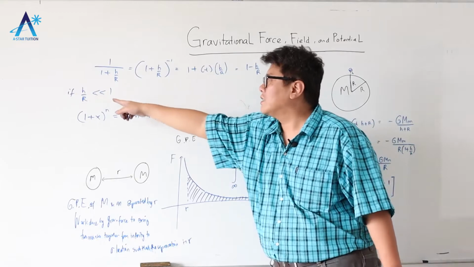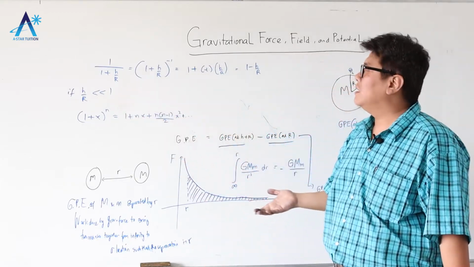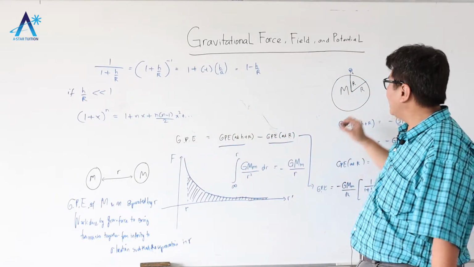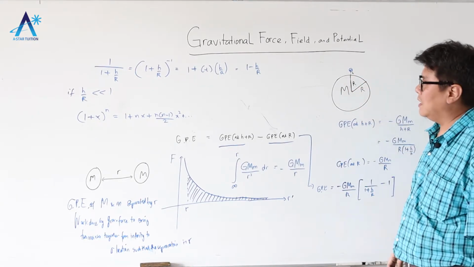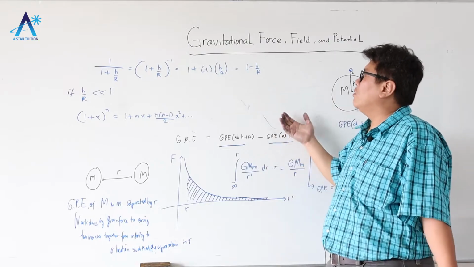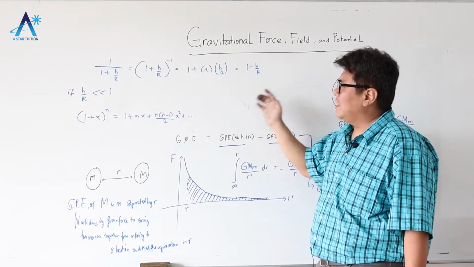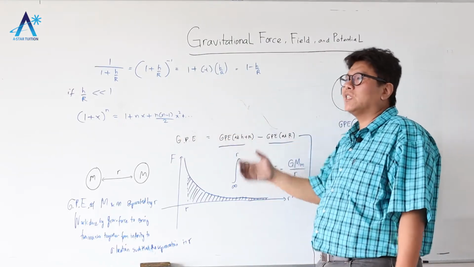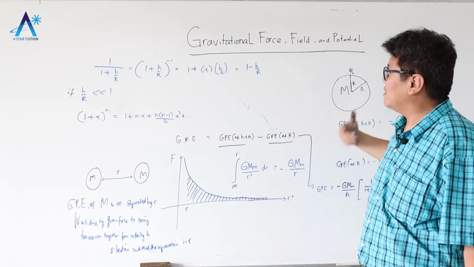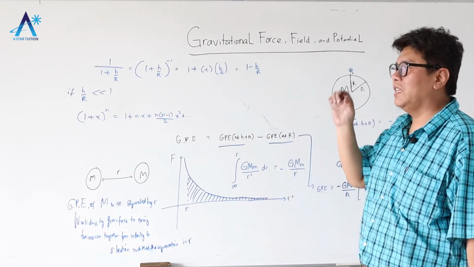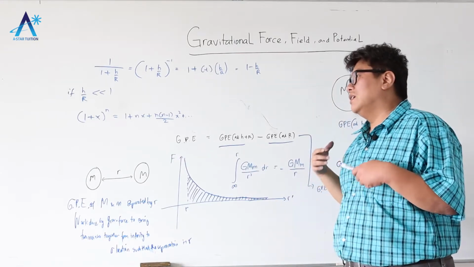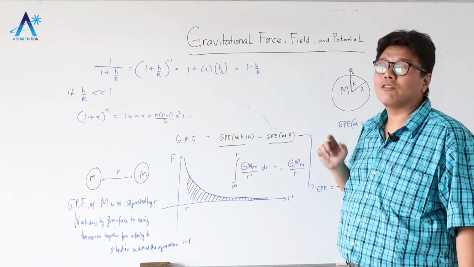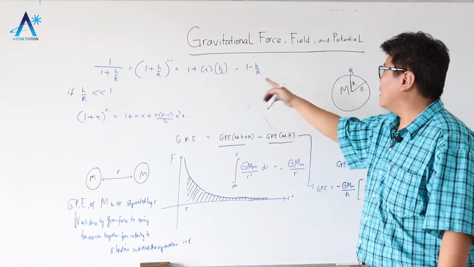Now h over r itself is already much less than 1, so the height is much less than the radius of the Earth. So why do we need to include the square term? It is only going to add more decimal places without appreciably changing the outcome. So this is 1 minus h over r.